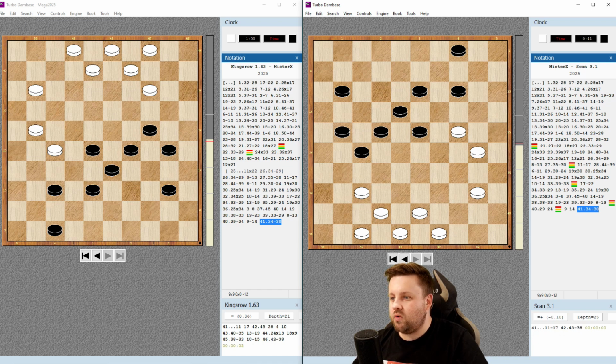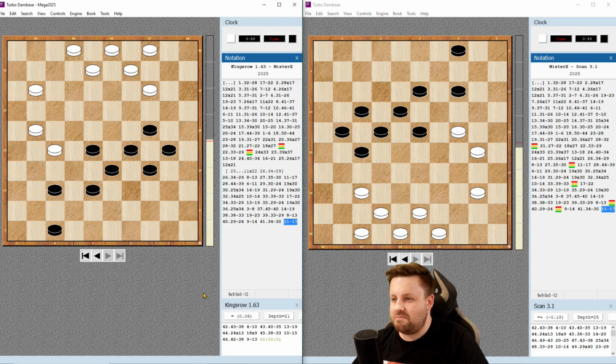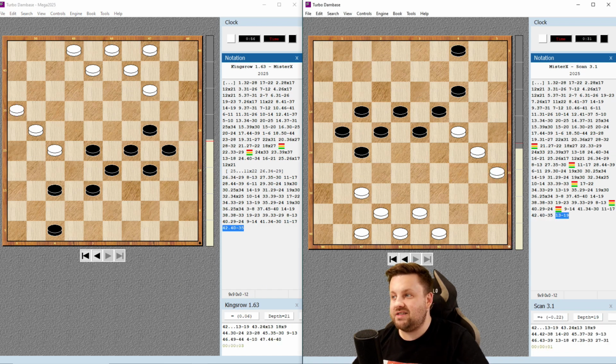The situation is equal, but the difference in tempos, which you can see right here in Turbo Dambase, it is possible not to calculate but to follow it, because the computer tells you the difference in tempos. It's amazingly huge, -12. So it means that Scan's position is 12 moves better developed.